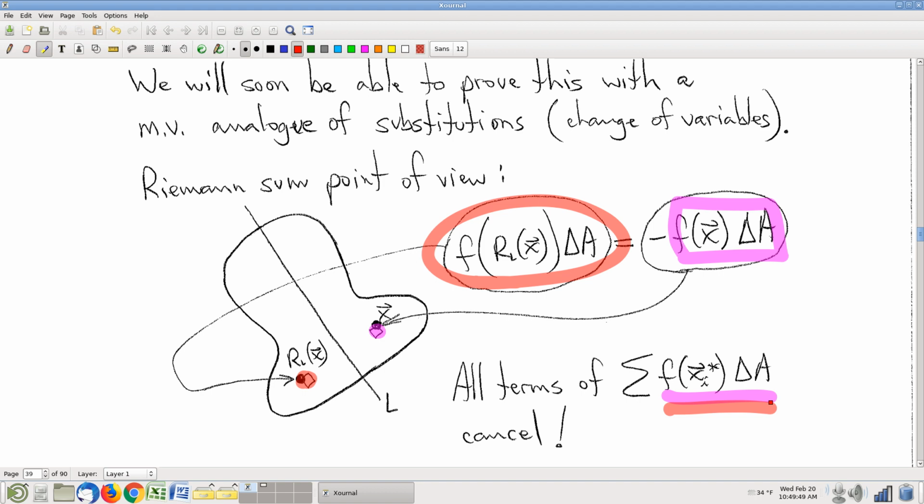It's a symmetric domain, so every little piece has a corresponding reflection piece. Because of the oddness, these two terms are negatives of each other, therefore they cancel. It's just like the single variable cancellation argument. It's just a two-dimensional version of it, but it's morally identical.